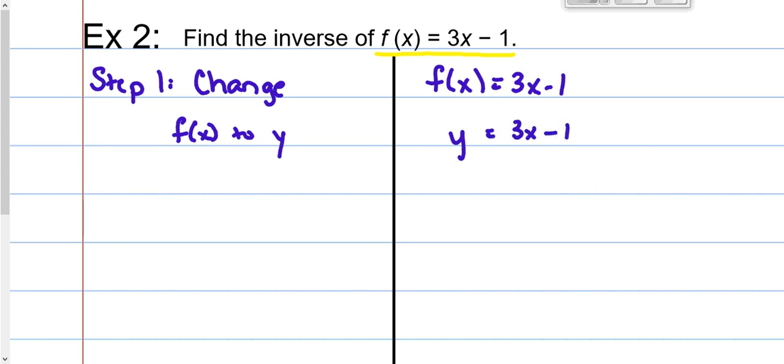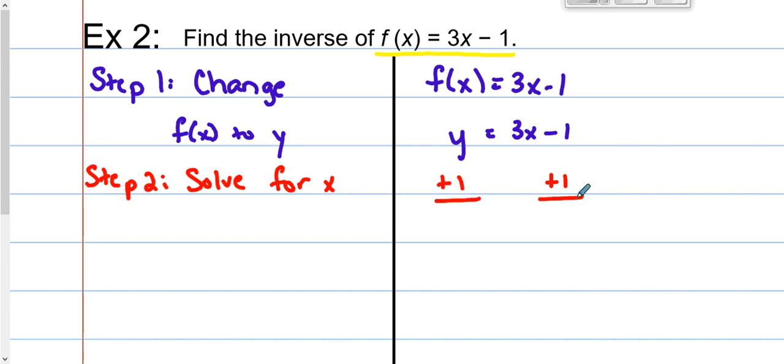Now, step 2, is I'm going to solve for x. Okay, so let's go ahead and do that. If we're going to solve for x, we're getting x by itself, just like we did in example 1. So let's add 1 to both sides. On the right side, they cancel.